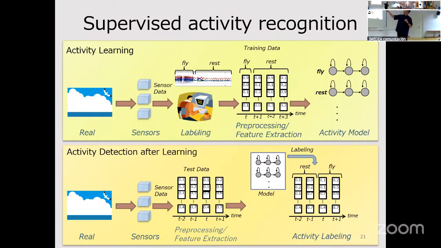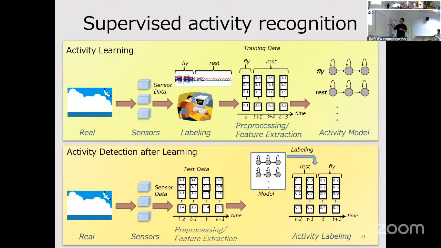For example, this segment corresponds to fly, or this segment corresponds to rest behavior. Then from the data, we extract statistical features such as magnitude or frequency, and construct a feature vector with labels. Based on that, we train a behavior model. The model describes the sensor data features for each behavior.